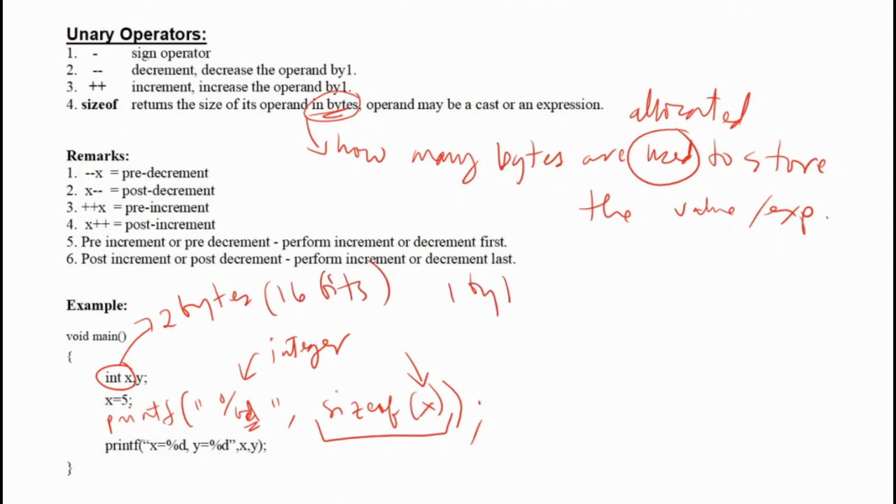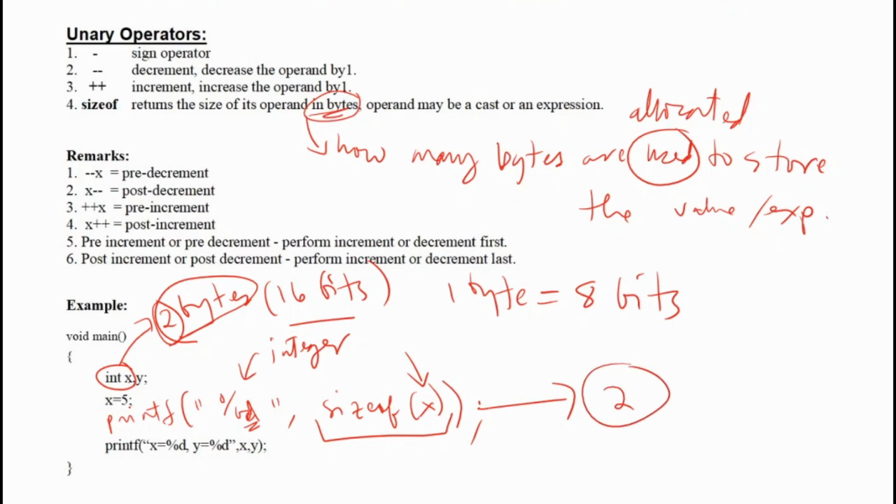Because 1 byte is equal to 8 bits. So 2 bytes is 16 bits. So how many bytes allocated for integer type x? It is 2, right? So the output of this printf would be 2. And the output of the last printf would be the value of x, which is 5.